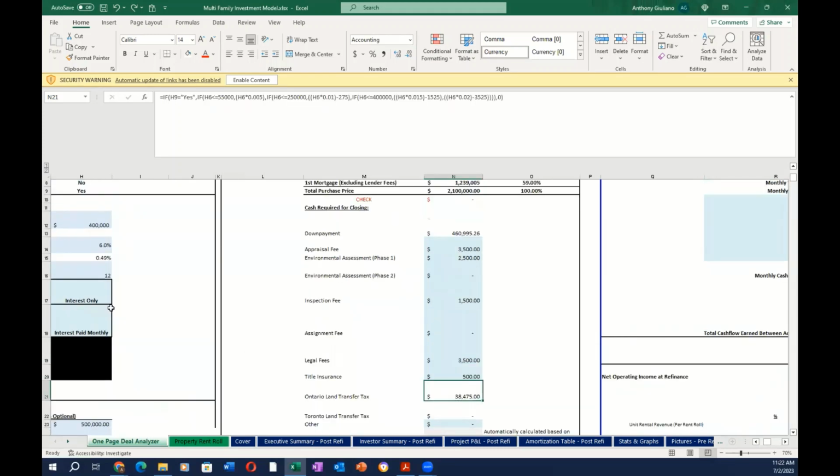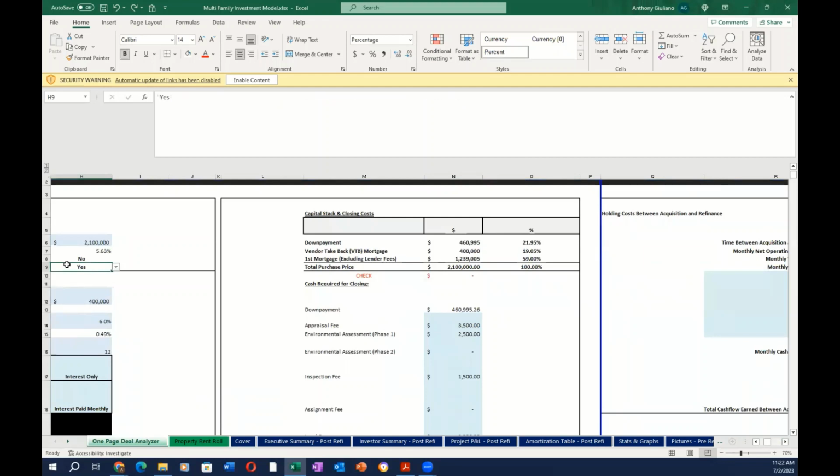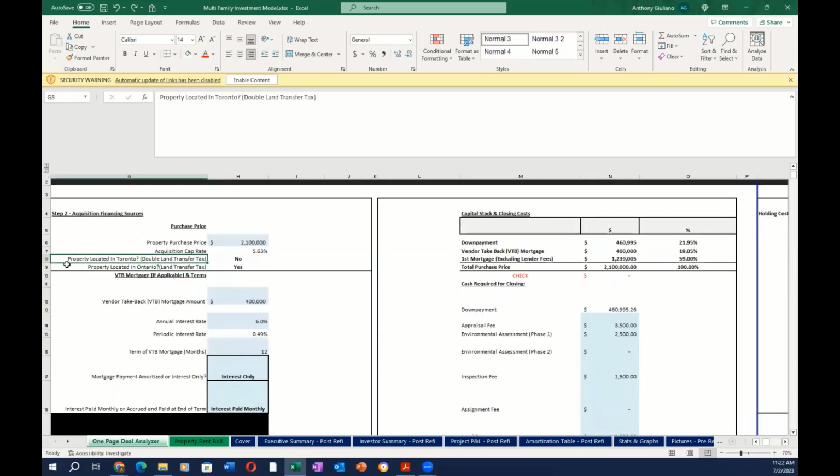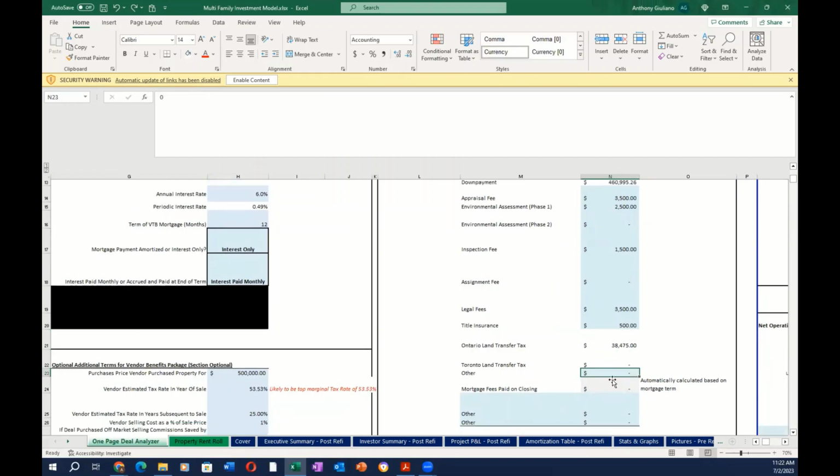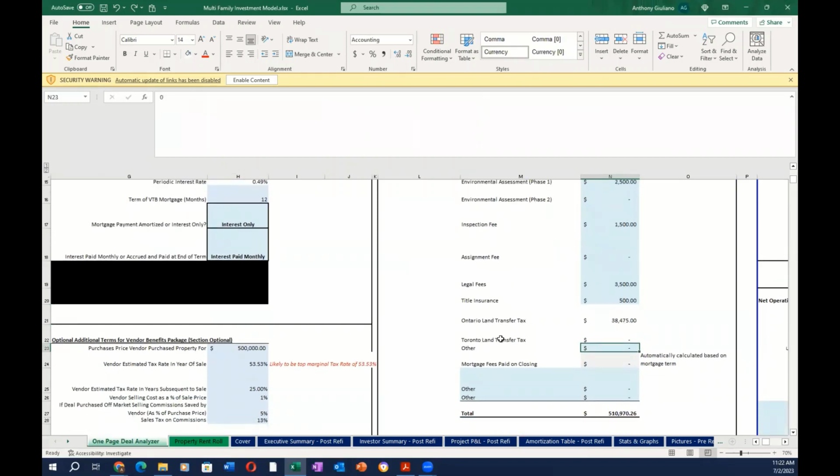Remember previously where I indicated that you would be able to select land transfer tax for the Toronto or Ontario market to be automatically calculated. If you selected yes, that gets calculated right here in your closing costs. Again, if you're in another market, you can put no there, delete this section out, and then plug in whatever additional stamp tax would be involved in your area.